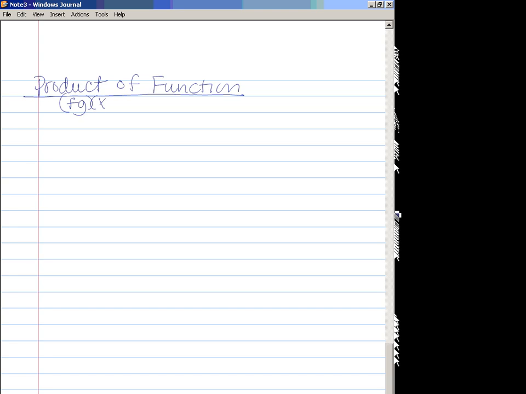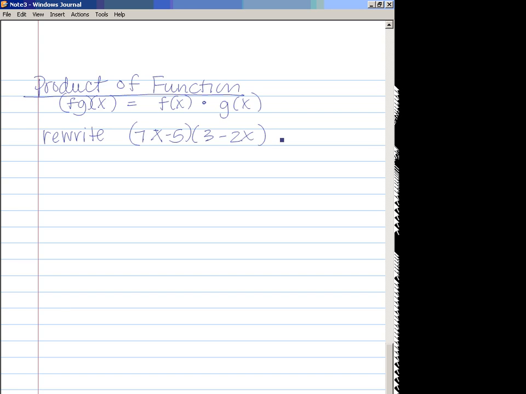The product of a function means that we're multiplying our two functions together. So we have f times g of x, which expands to f of x times g of x. Okay, so when we rewrite this, this now becomes 7x minus 5 times 3 minus 2x.